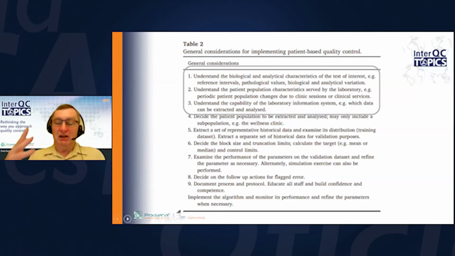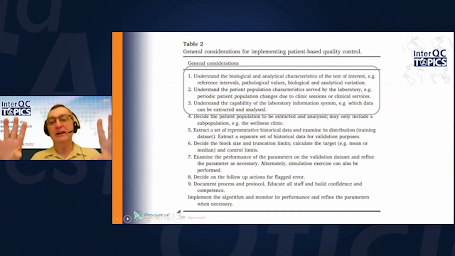You need to understand also in some situations, in hospital situations, there may be different patient populations in your lab samples during the day. You may, in a hospital situation, get more inpatients in the morning and more outpatients in the afternoon. You may get a lot more inpatients over the weekend than you do during the week.